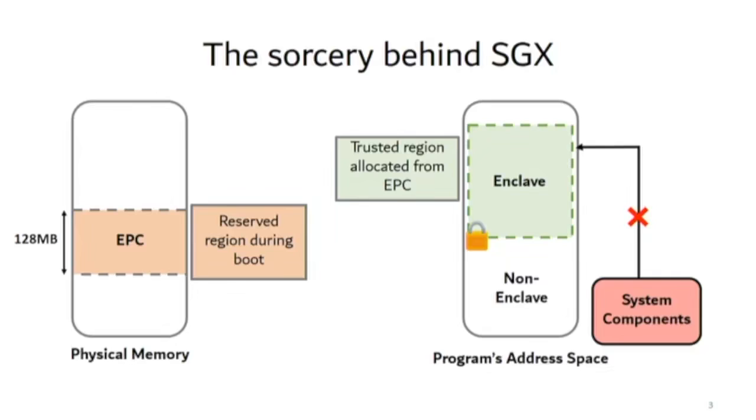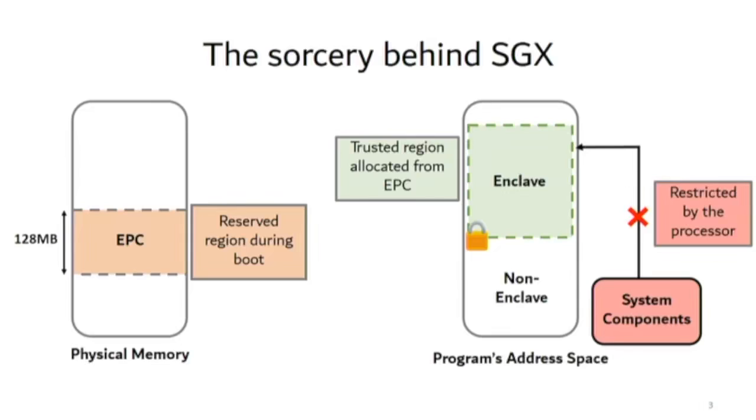So what would happen is that there are system components, even higher privileged system components like the operating system or the BIOS or VMM, hypervisors, etc. Even if these system components try to access this certain memory region, let's say the EPC memory region, the processor is just not going to allow it. So it's going to be access restricted by the SGX processor.